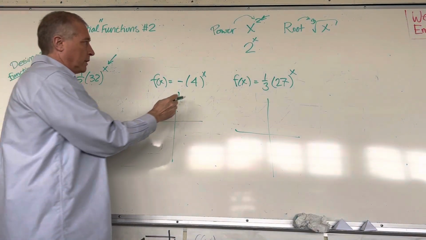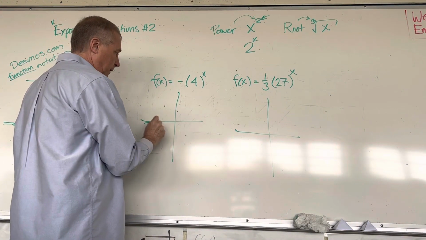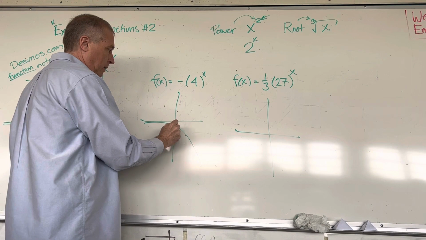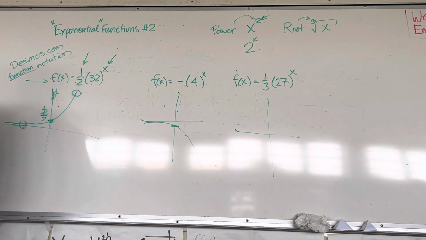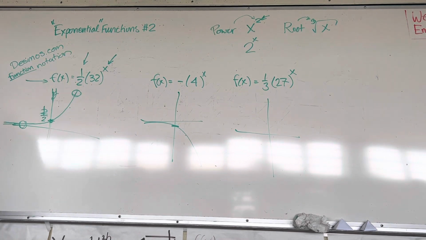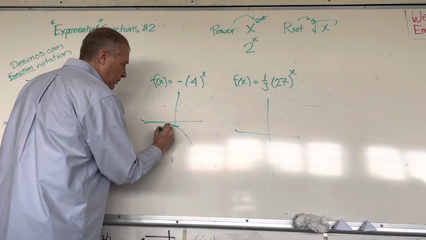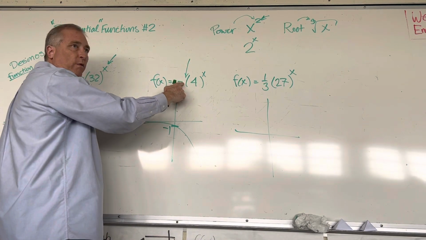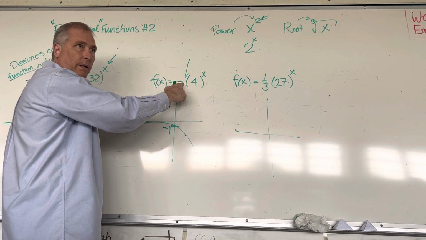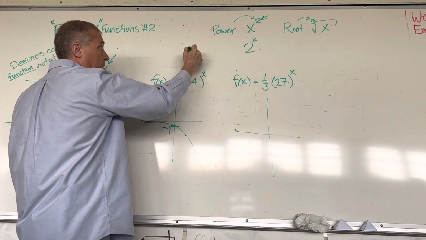Where's this one crossing? The one with the negative. That one's going negative this way, right? What's this number here? Can you zoom in on that one? -1. Good. Do you see that that would make sense, because what's the coefficient right in front of this parentheses? It's got to be a 1 there, right?